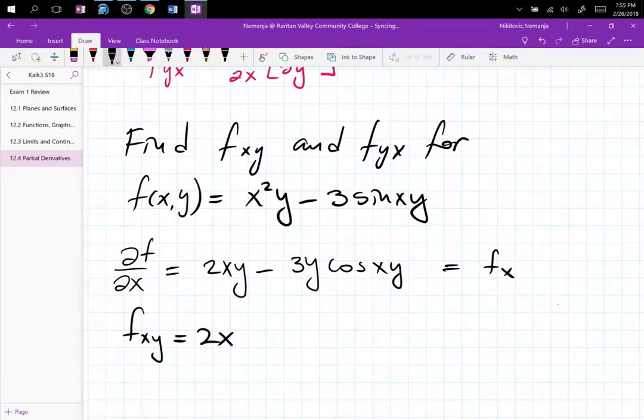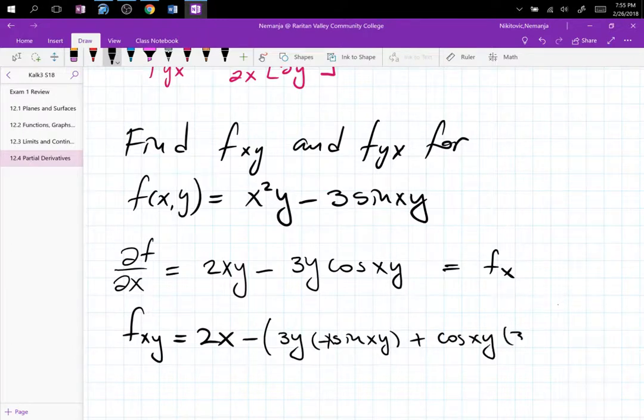So I have 2x here, and now I have the whole product rule going. That's going to be, because in taking respect to y, so I have copy 3y. The derivative of this is negative sine xy, and then I have to kick out x, so x in front, plus copy cosine xy times 3.